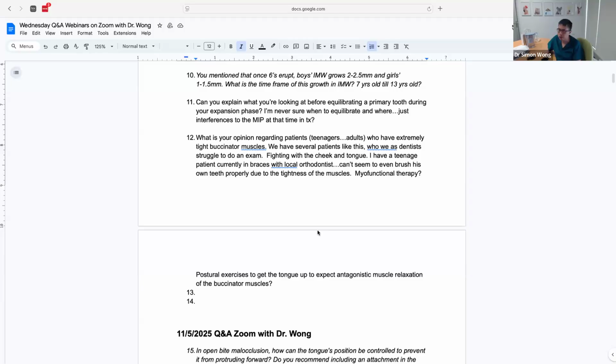So usually very tight orbicularis oris muscles and buccinator muscles are due to hyperactivity of the facial muscles.